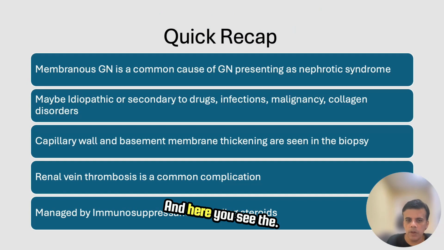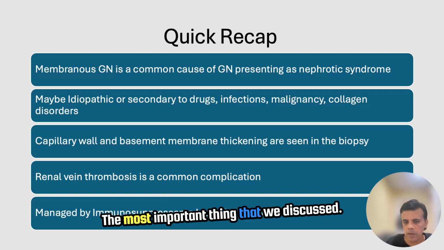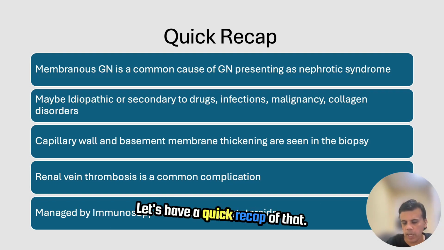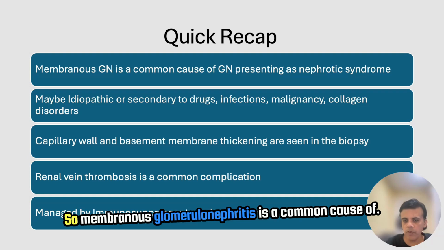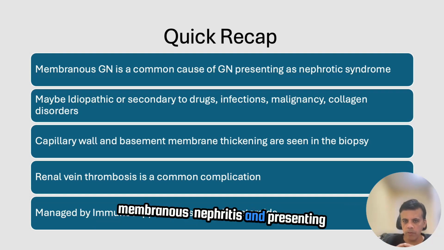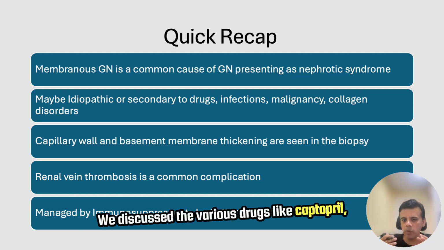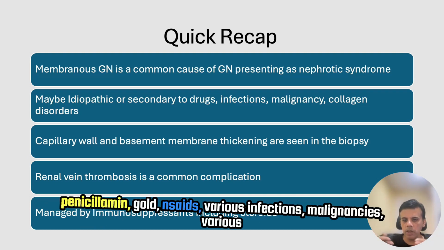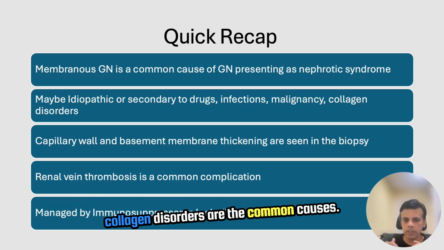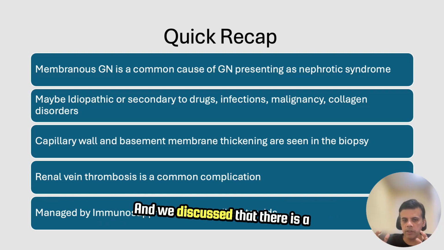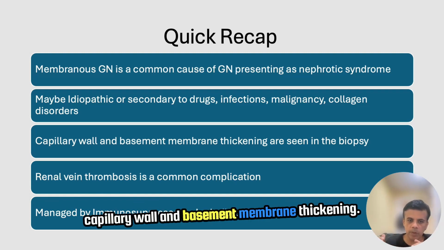Let's have a quick recap of the most important things we discussed. Membranous glomerulonephritis is a common cause of nephrotic syndrome. We discussed various drugs like captopril, penicillamine, gold, NSAIDs, as well as infections, malignancies, and collagen disorders as common causes, and that there is capillary wall and basement membrane thickening.